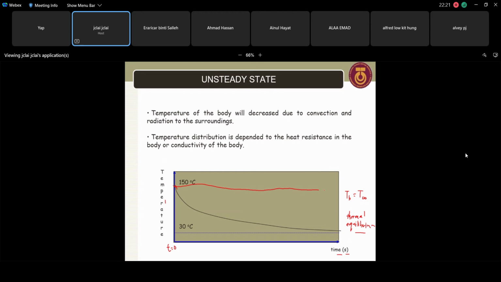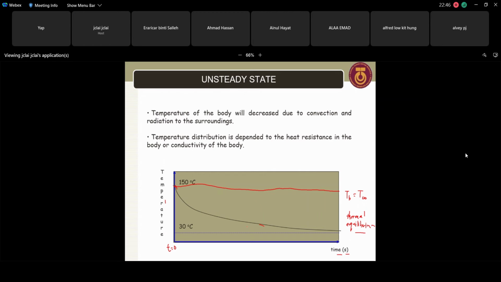Sorry, it's a straight line. The temperature of the body will stay at 150 degrees Celsius. This is steady state. And if it is transient, then the temperature of the body changes over time.